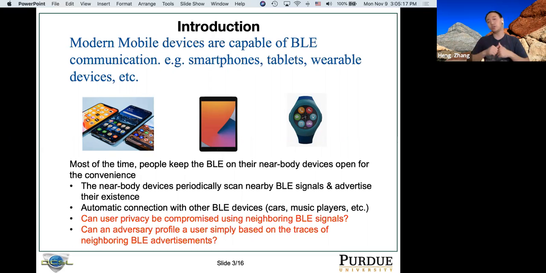And the issue is, given this design choice, can user privacy be compromised using the neighboring BLE signals, and can an adversary profile a user simply given a trace of the neighboring BLE advertisements? Those are the two questions we are trying to understand in this work.